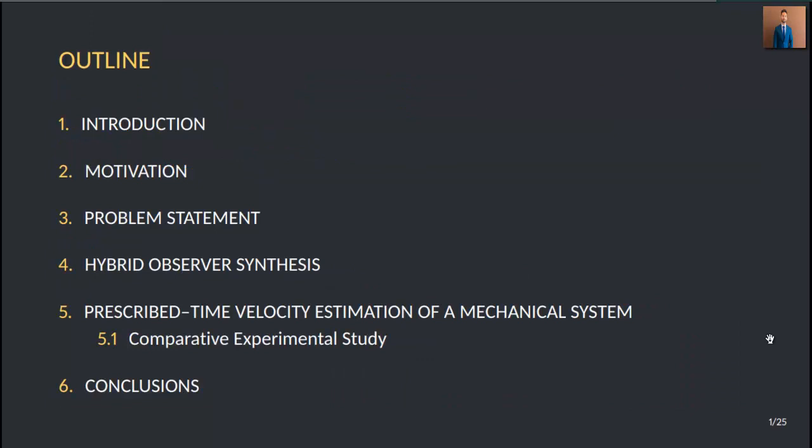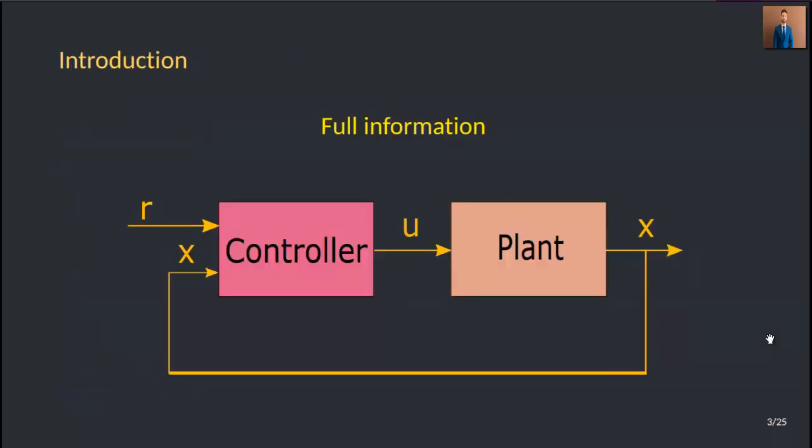The outline of the presentation is divided in 6 items, and I would like to go straight forward with the introduction. Typically in closed loop system, when we want to design the controller, we can have two possibilities. First is full information. This means that all states are available for feedback design, so the controller can be designed using this entire state information.